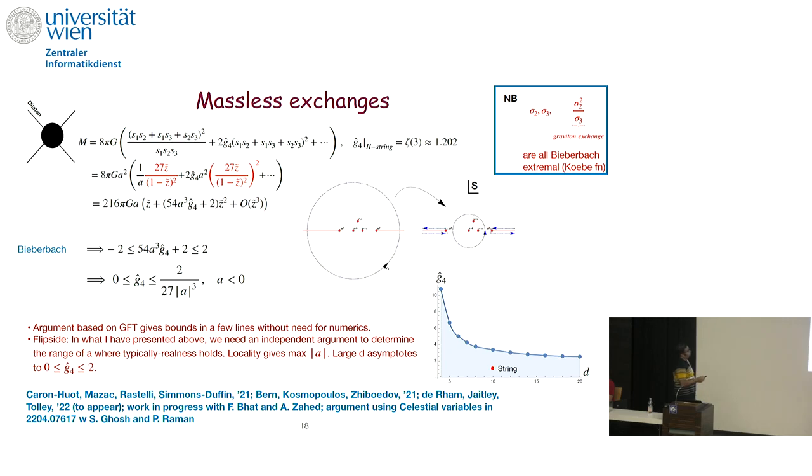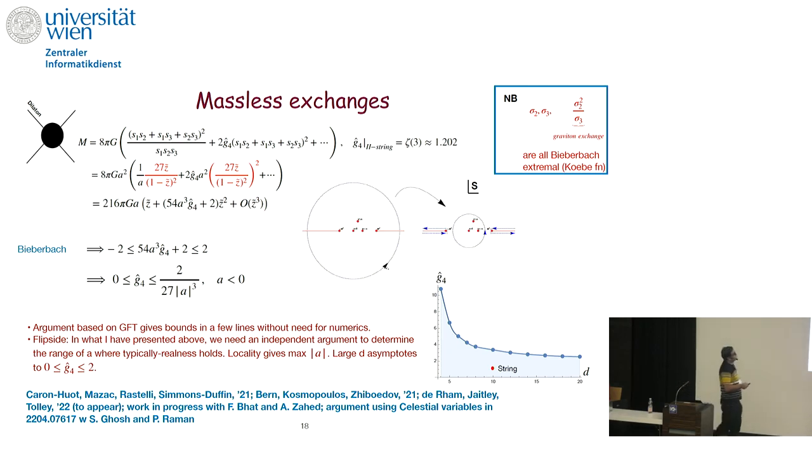And you can ask, can we use these ideas to bound this? And indeed, you can do that. You again realize that this graviton pole is an extremal function. This is again a Koebe function. So you can add it in a convex manner to the rest of the dispersive part, and you again apply your Bieberbach-Rogosinski bounds. You get G4 to be bounded on both sides in this manner.